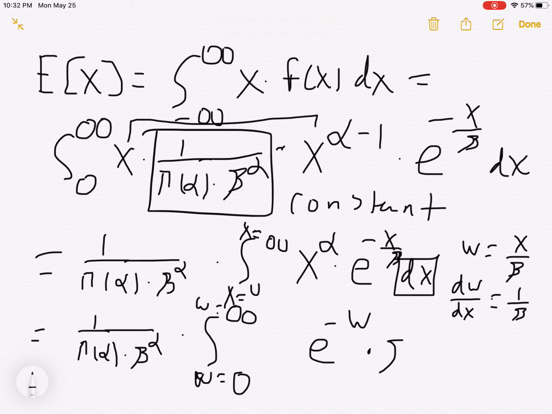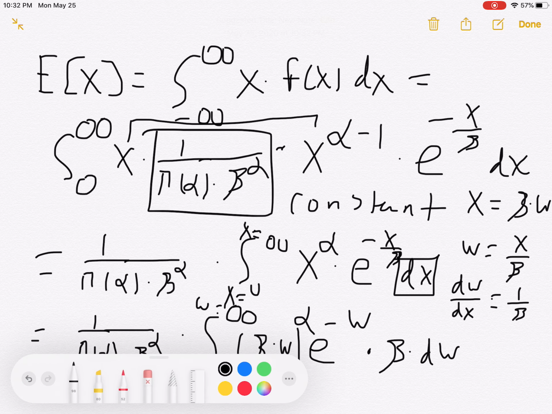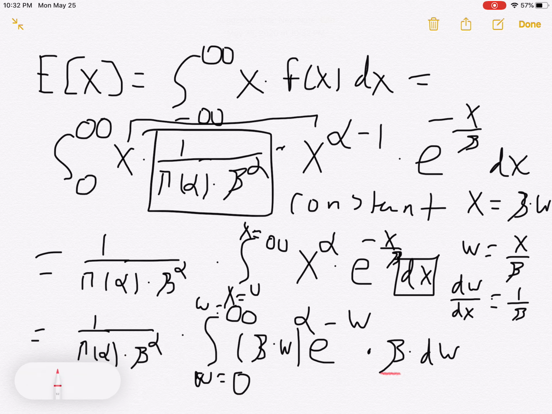And also remember that x is equal to beta times w. So I'll back substitute that in here. Now, these betas are constants, so I'll move them outside the integral. So I'll have beta to the alpha plus 1.